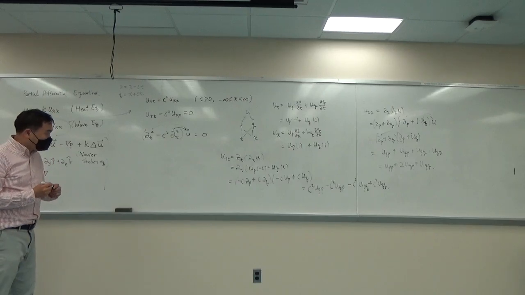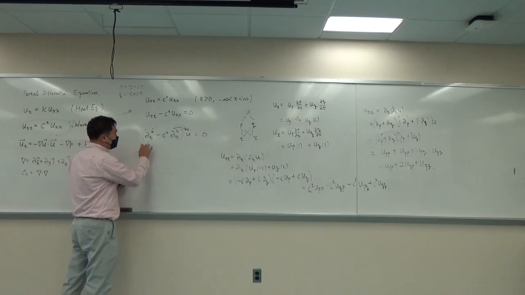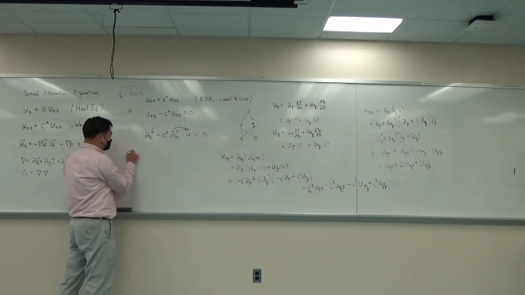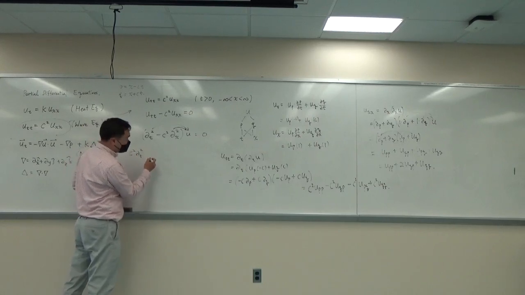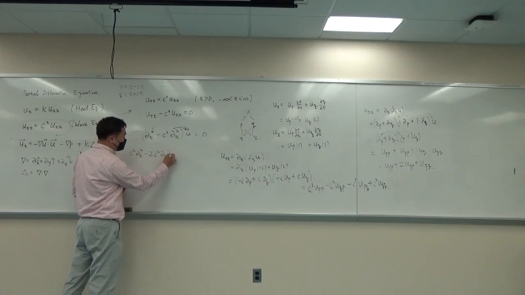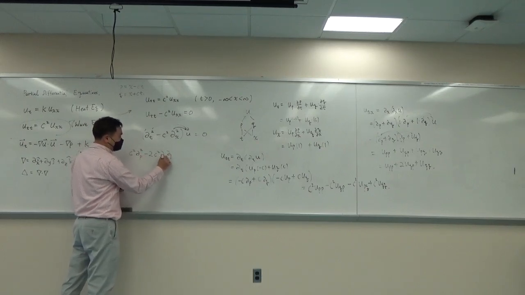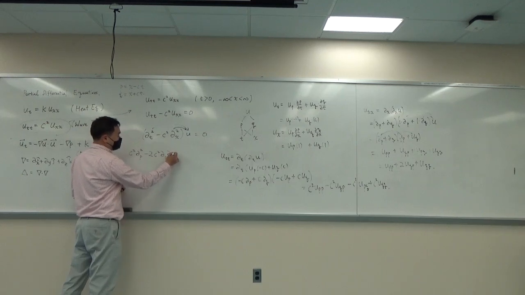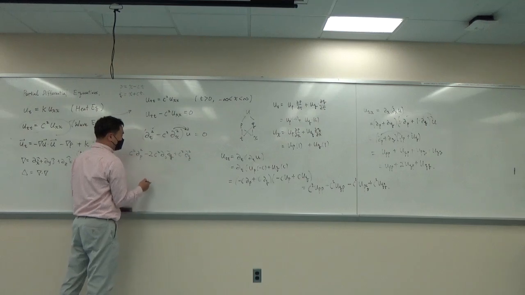Once you're done with that and you put it in here, then this would be c squared second partial squared minus 2 c squared partial p partial q, oh sorry, it's not t, p, q, plus c squared partial q squared.